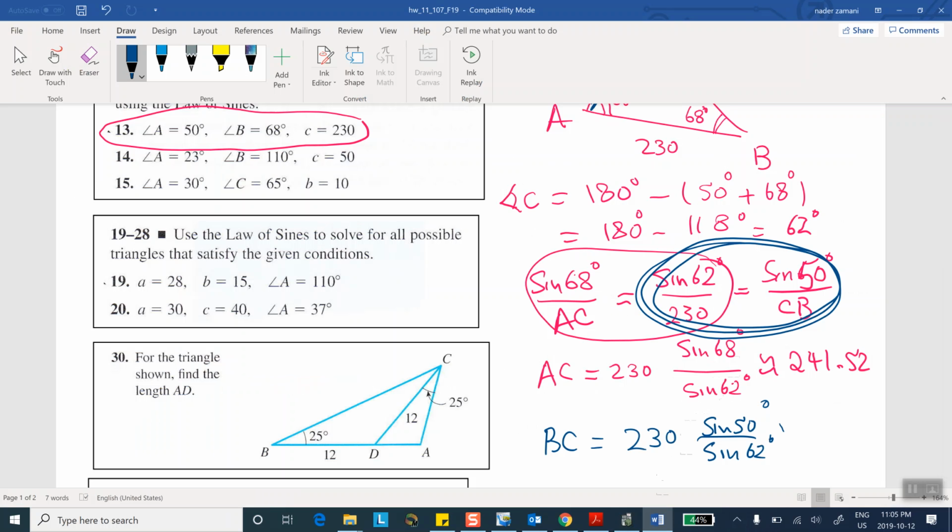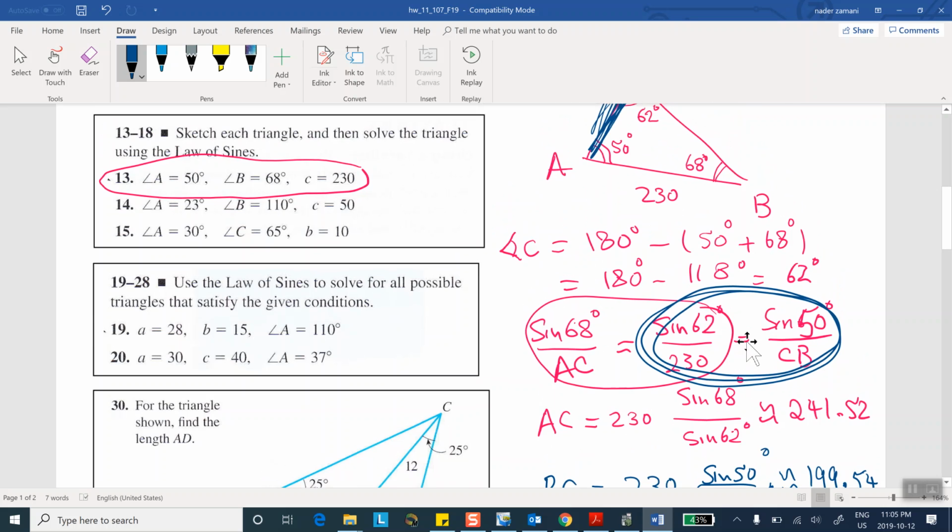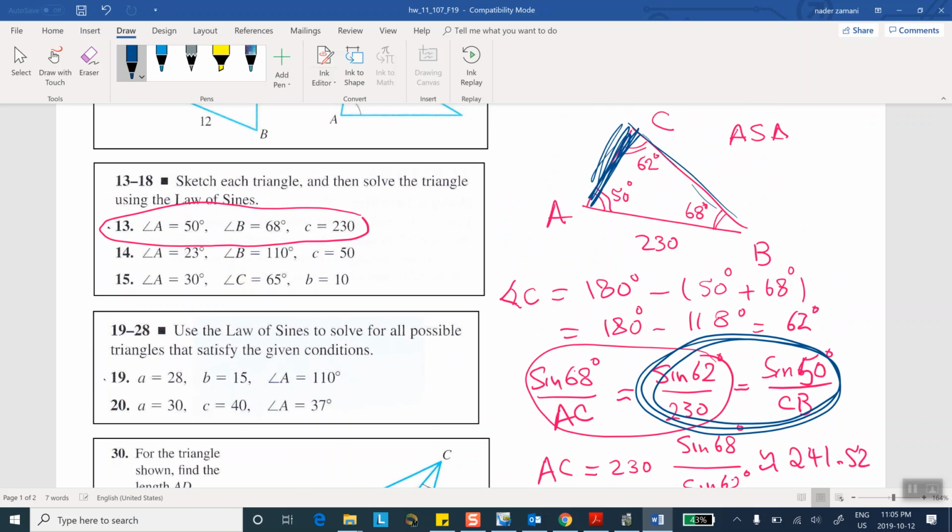This is approximately 199.54 units. So we just calculated this length. We have found all the sides and all the angles.